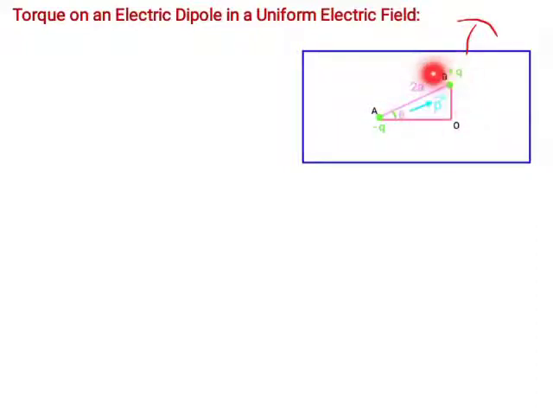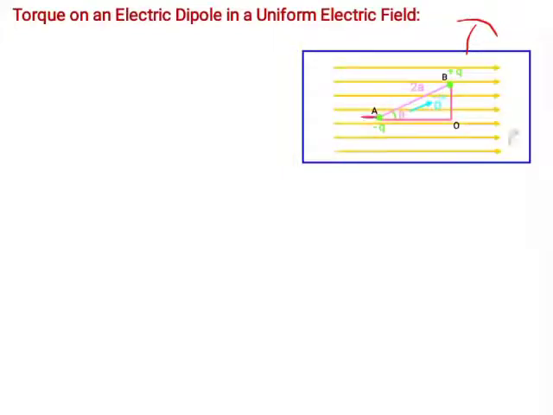P is the dipole moment. It is a vector quantity, and the dipole moment direction is always from negative charge to positive charge, which is the reason this arrow mark is from A to B. Suppose we keep this dipole in a uniform electric field. These yellow colored parallel lines are the electric field lines.